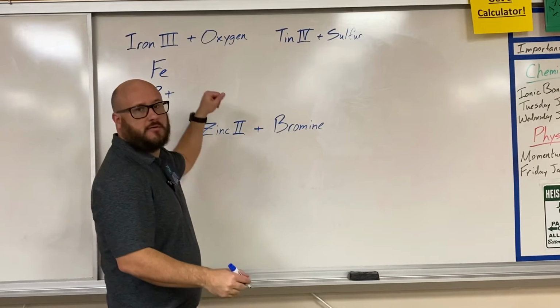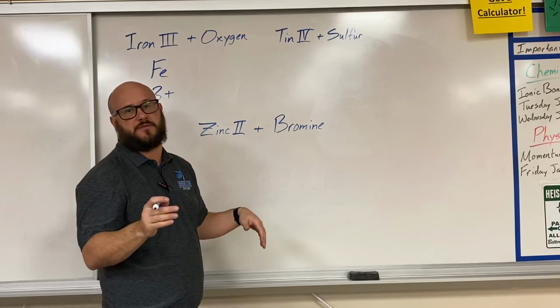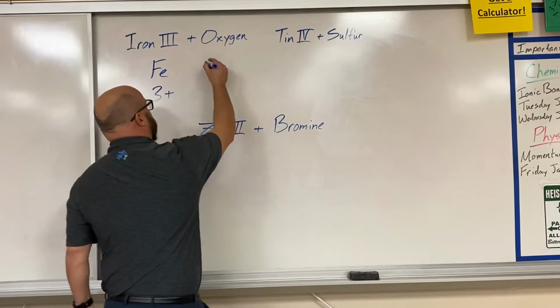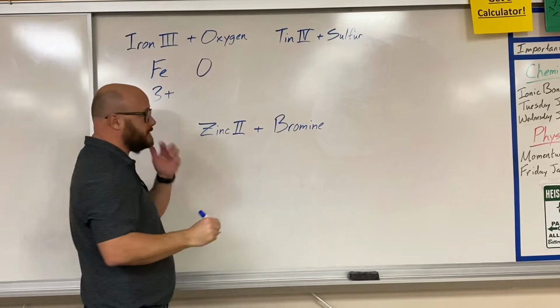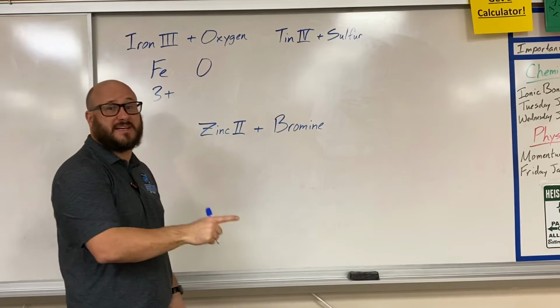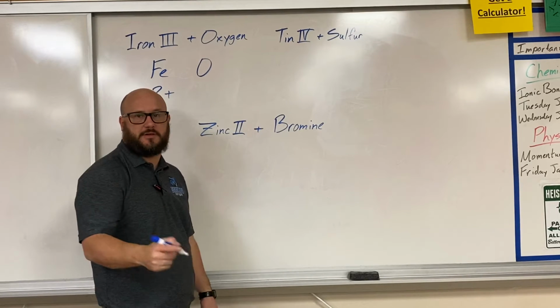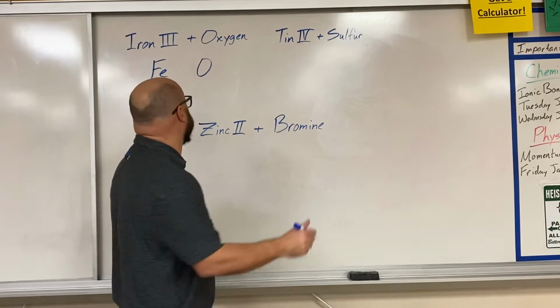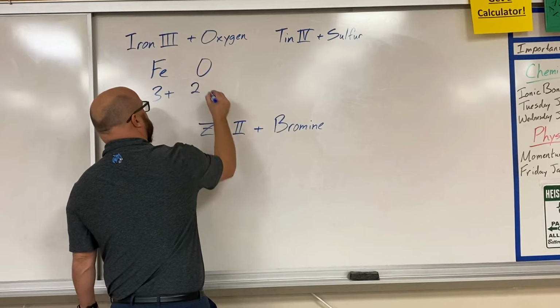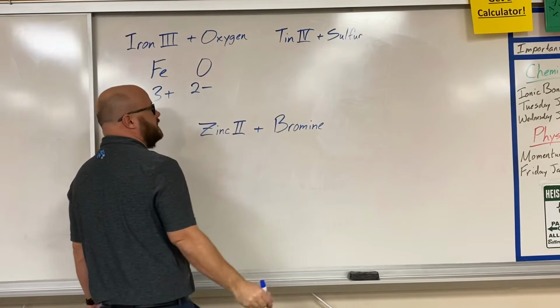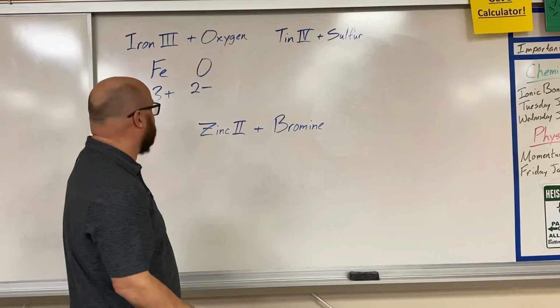As far as the nonmetal goes, same process as before. Oxygen, we know its symbol is O. And it's in group 6A, meaning it's going to gain 2 electrons because it's easier to do that than to lose 6. So 2, and it's a nonmetal. Gaining electrons makes it negative.